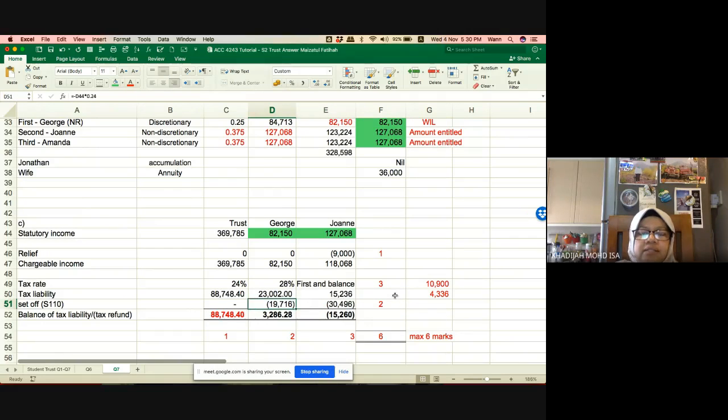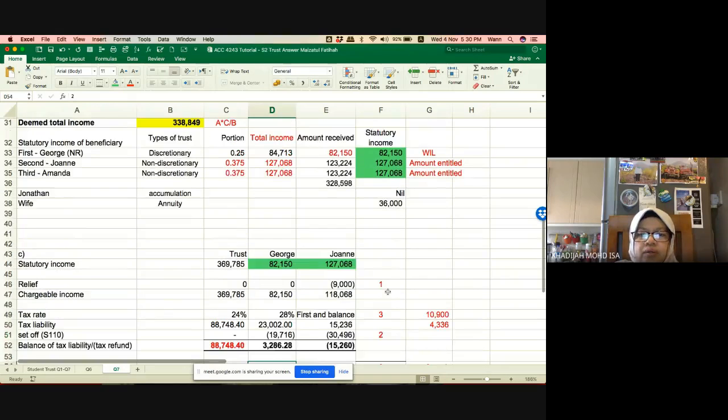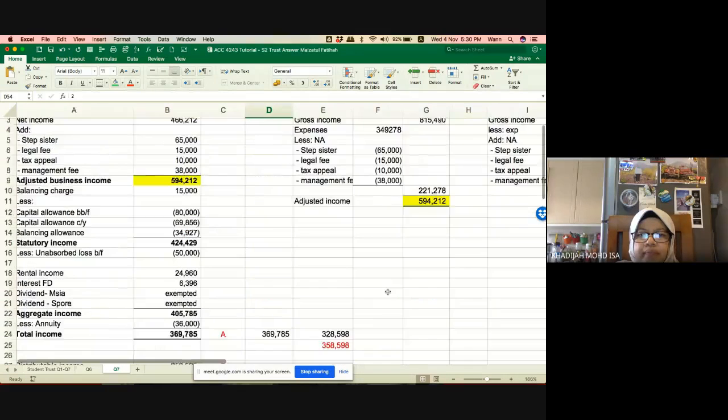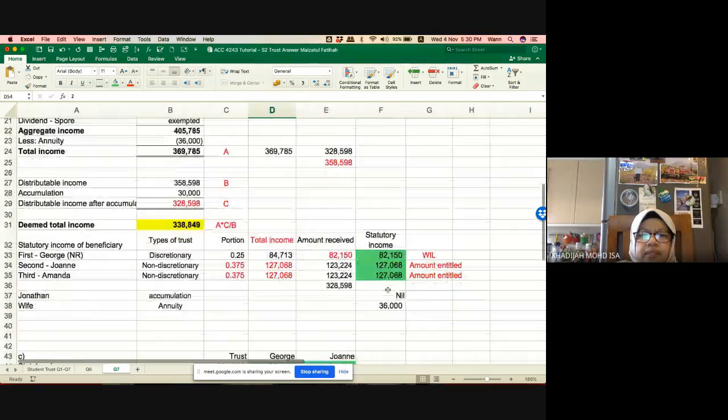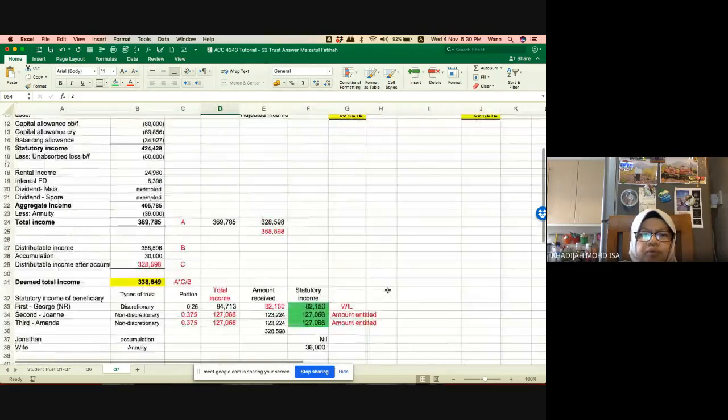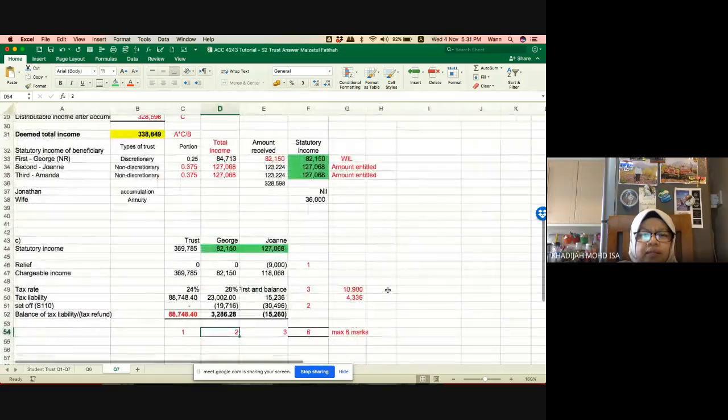The tax credit is given based on your statutory income times 24%. Then you have the balance. So that is on the second or third part of the question. Okay, questions? Which one are you not clear on? Which one do you feel is done that way, and why?